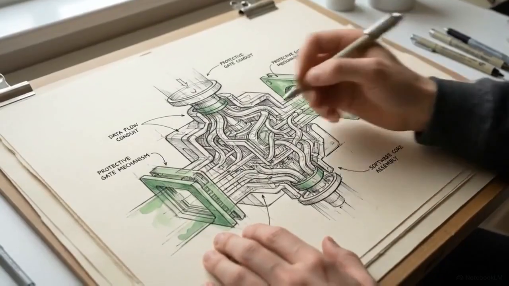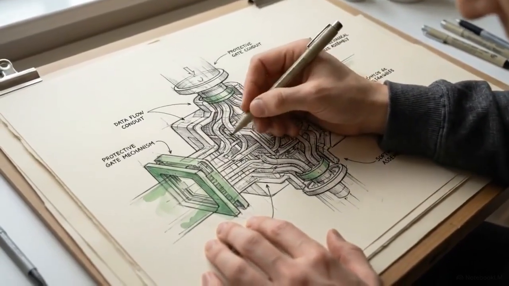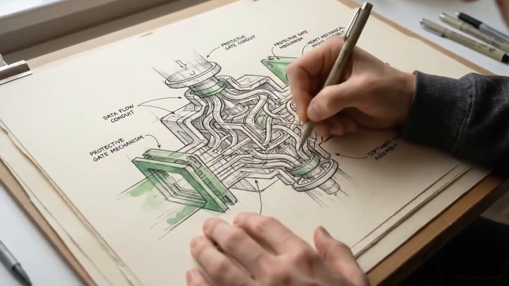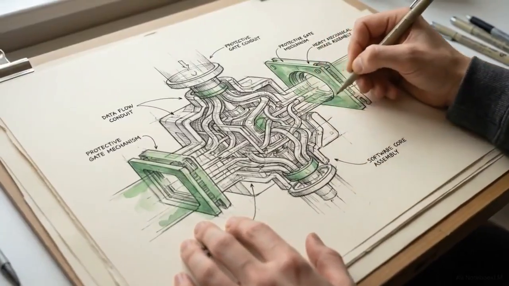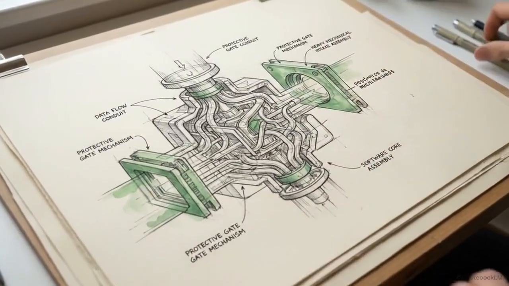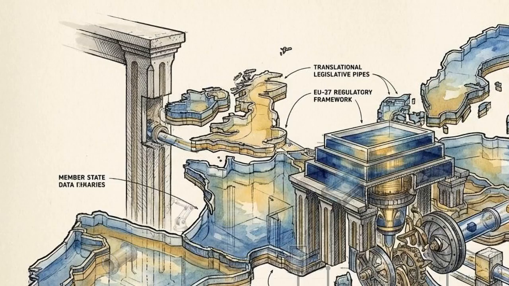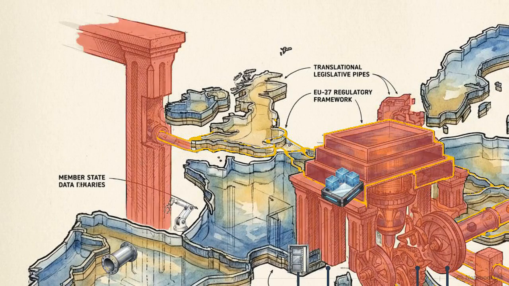Article 25 mandates privacy by design and default, requiring that data protection measures be integrated into a product's core code before it is deployed. For high-risk operations, the Data Protection Impact Assessment, or DPIA, serves as a mandatory diagnostic. The DPIA is a formal risk analysis used to identify and mitigate privacy vulnerabilities before a system goes live.